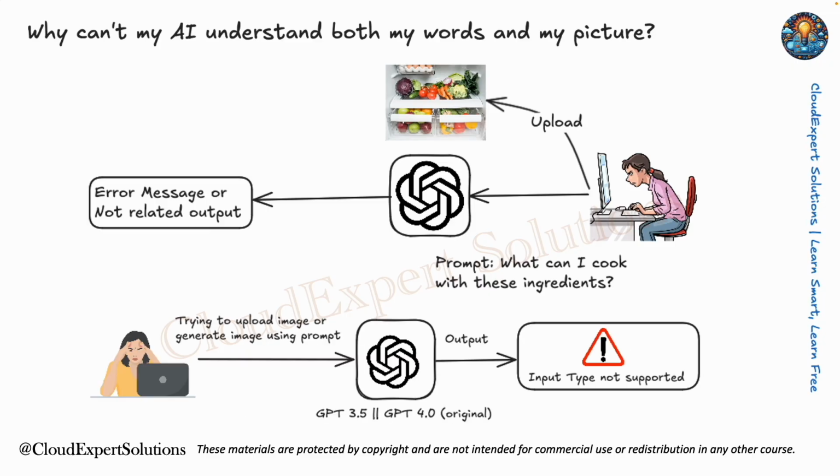Most traditional AI systems used to understand only one type of input, either text or image, but not both together. That is why multimodal AI models come in.